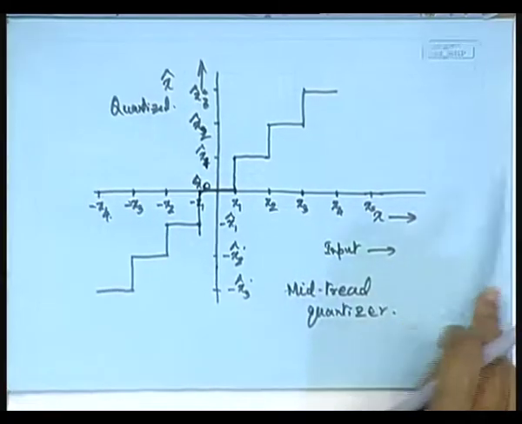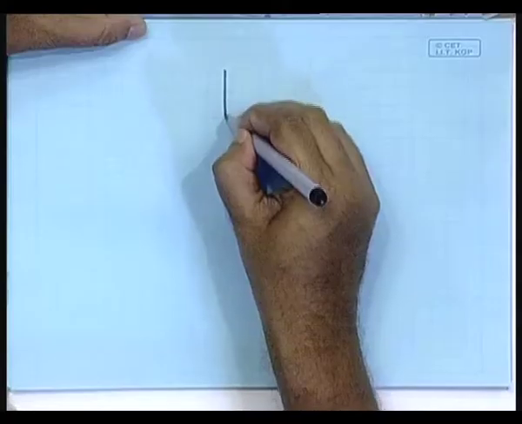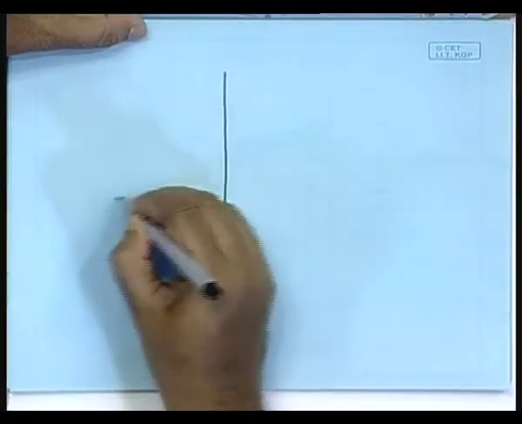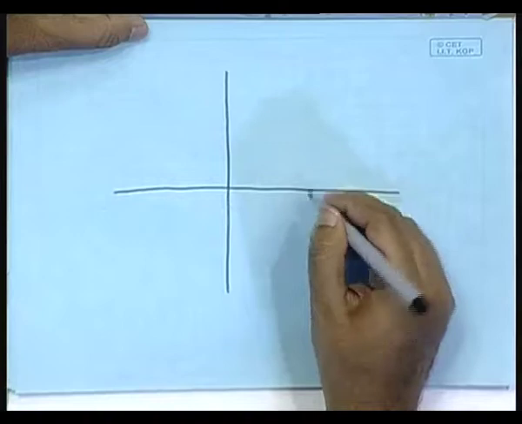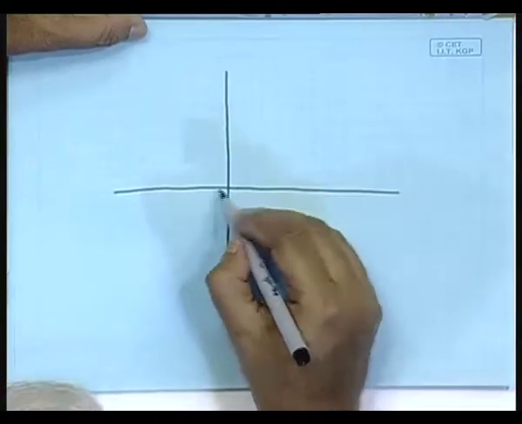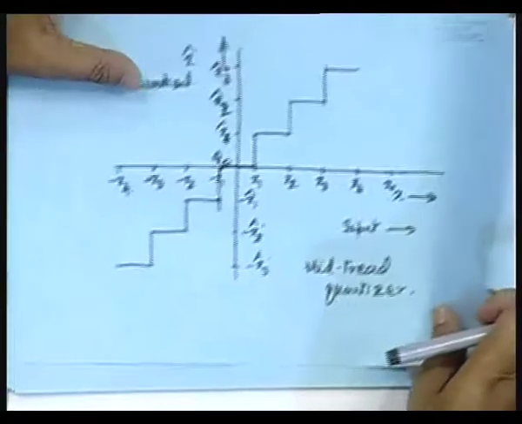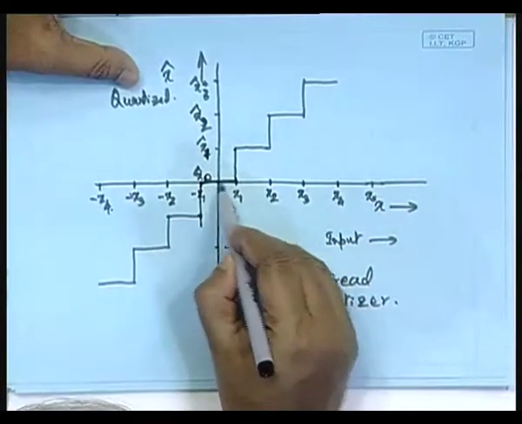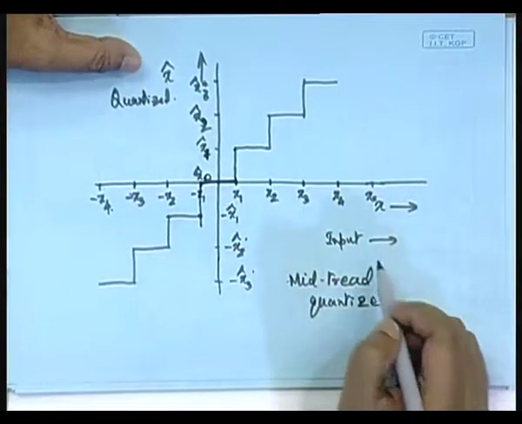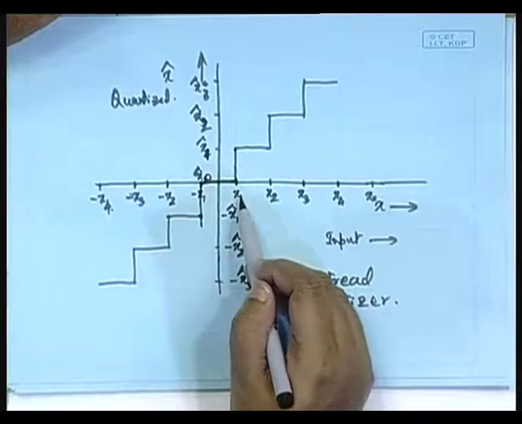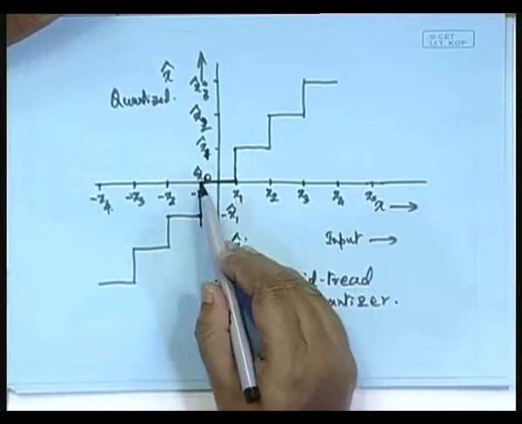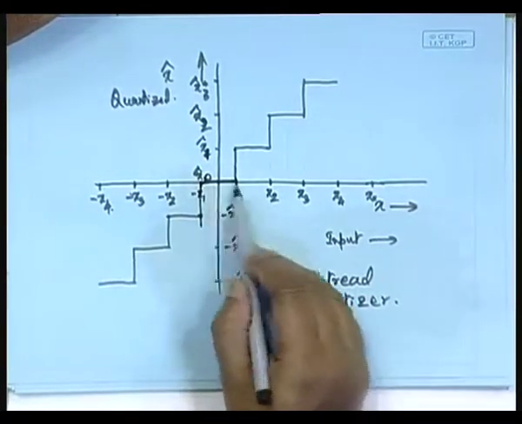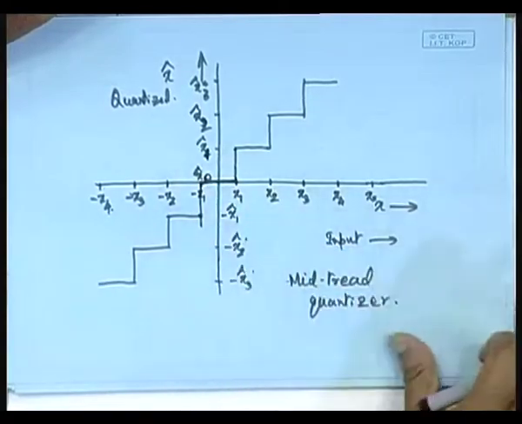Similarly, there is what is called the mid-riser quantizer, and the mid-riser quantizer will have steps like this, where there is no level at 0. Here you can see that it is a mid-tread: corresponding to the input between minus x1 and plus x1, we have the quantized value as x0 cap.